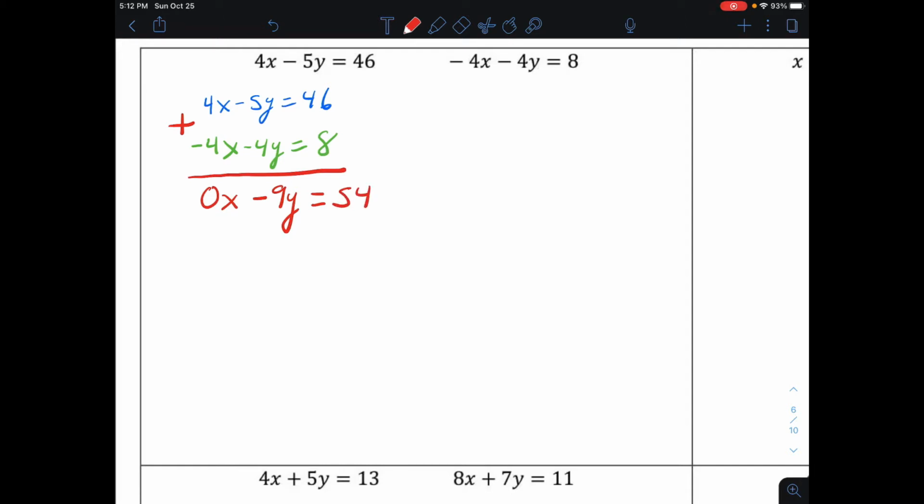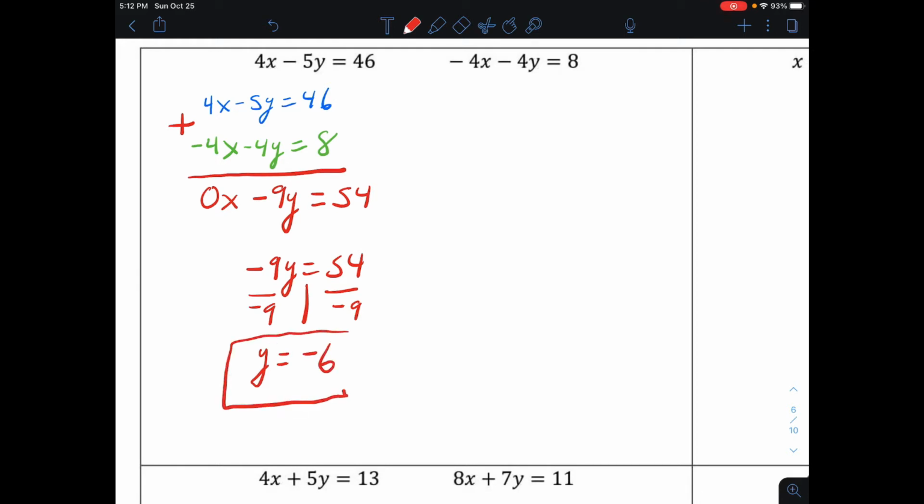Well, 0x is just 0. So I have negative 9y is equal to 54, and then we would solve for y. Notice how we only had one variable left. I'm going to divide by negative 9, and that's going to give me y is equal to negative 6. So negative 6 is the value of y that solves this system.